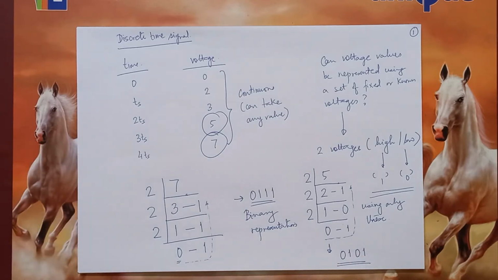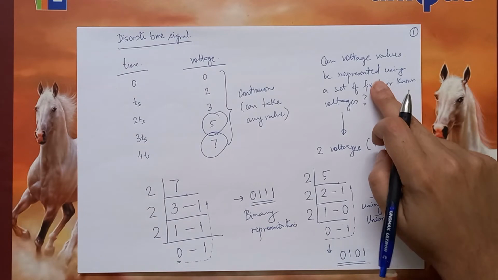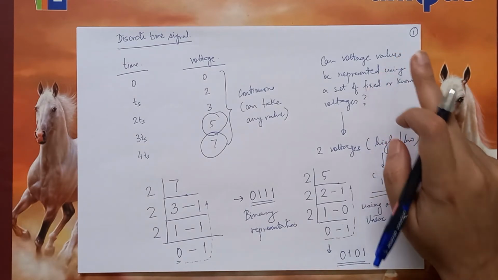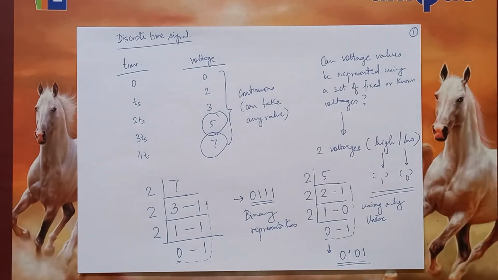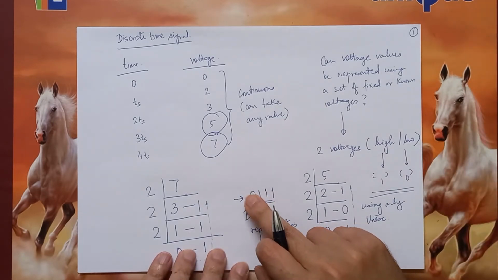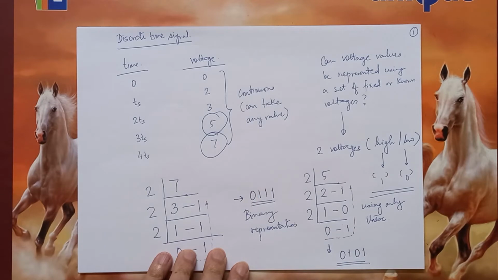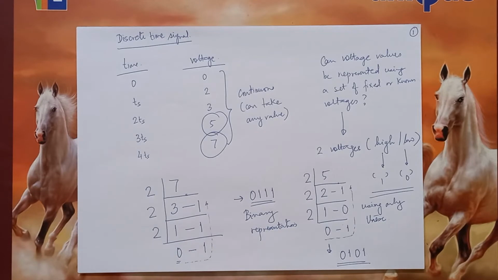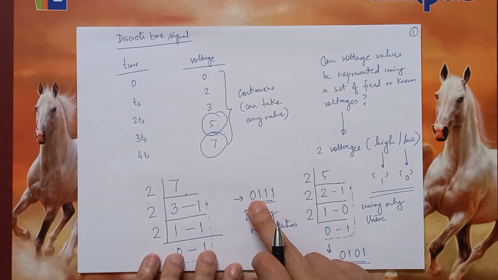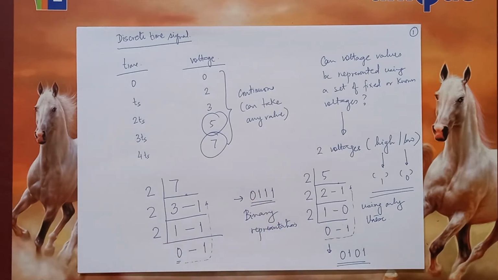Now suppose I have these binary representations. Our original question was, can voltage values be represented using a set of fixed or known voltages? Yes. Now that I have these binary equivalents for these different numbers, I can assign some voltage value to 0 and some voltage value to 1.